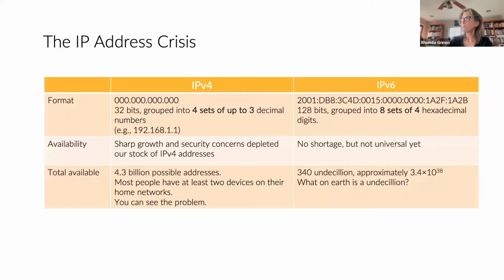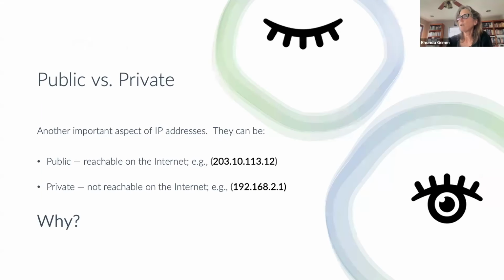So enter IPv6, which gives you 340 undecillion, whatever that is, addresses. So there's no shortage any longer of worrying about IP addresses running out, but they're not universal yet. You'll see them here and there, but not always.